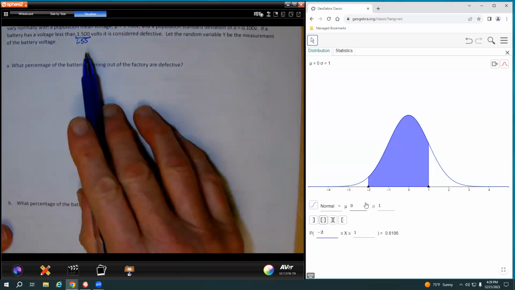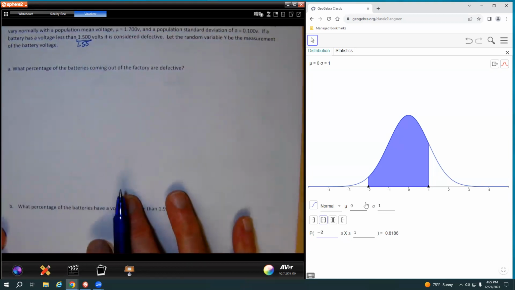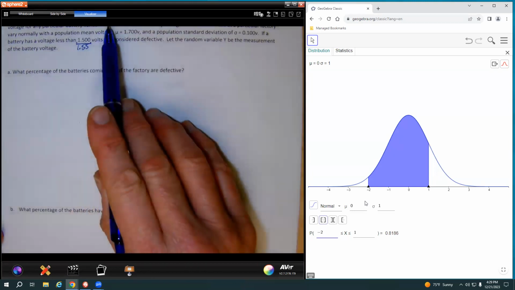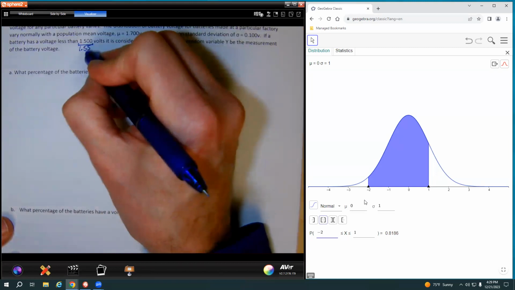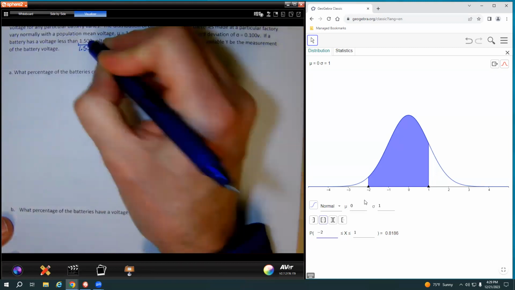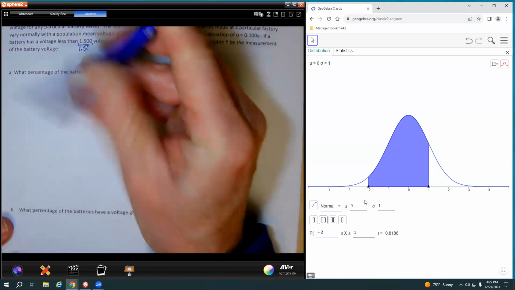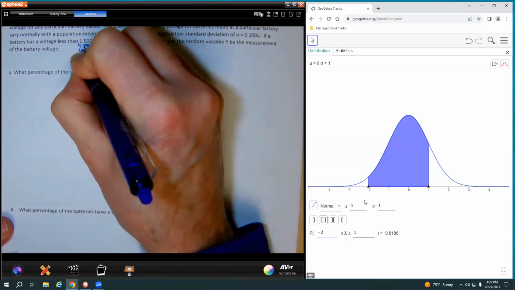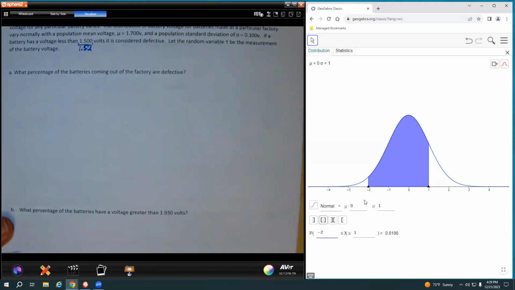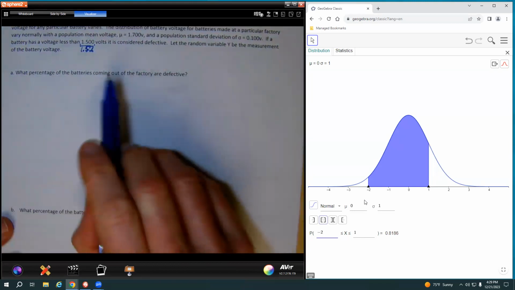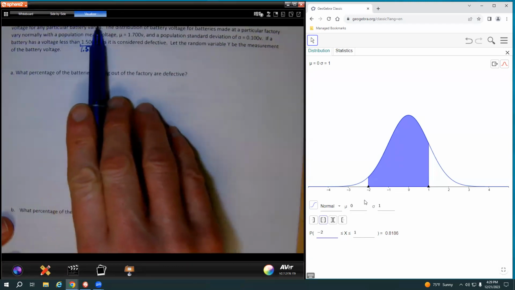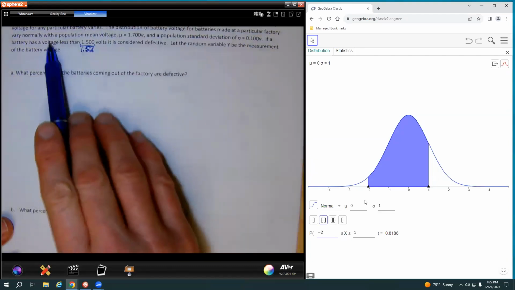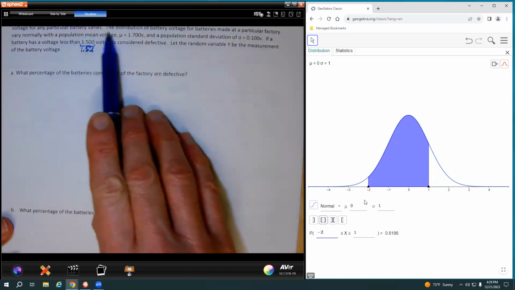Okay, so I'm going to change that 1.5 to 1.55 volts. So in order for a 1.5 volt battery to be considered effective, the voltage of the battery must actually exceed 1.5 volts. The voltage for any particular battery varies.